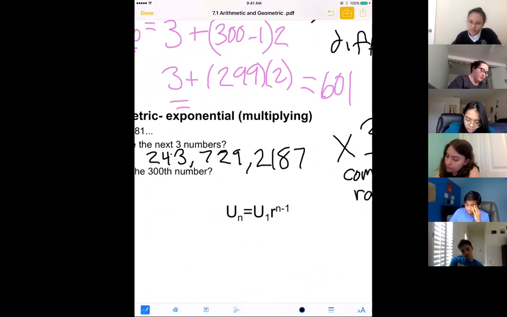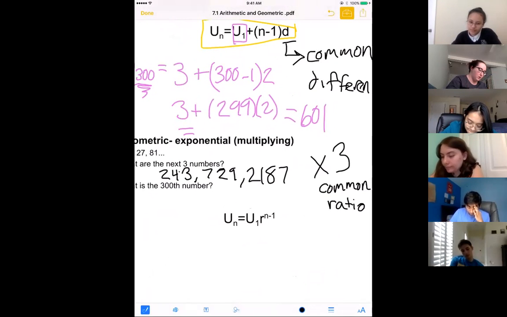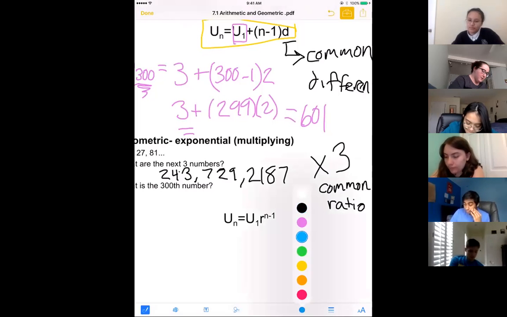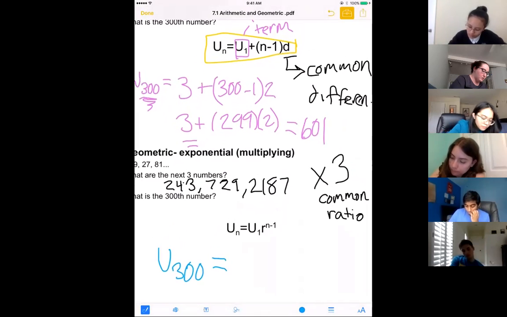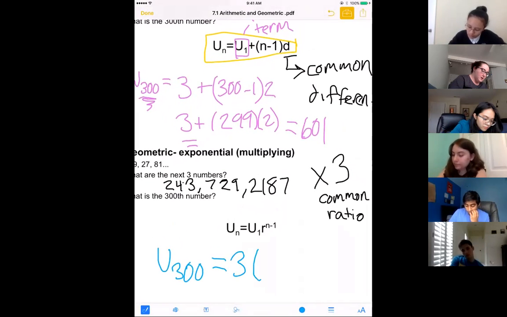So if we were looking for the 300th number, personally I don't want to multiply that out that many times. So instead, U_300 is equal to our first number, 3, times 3, our common ratio, to the n minus 1, and since we're looking for the 300th, minus 1.